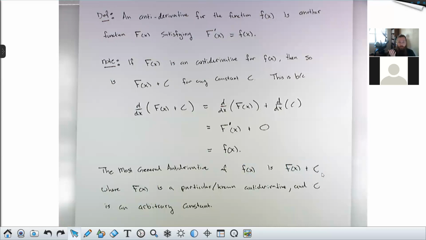It is a fact that if you have two antiderivatives of a particular function, they must differ by a constant. So once you find a single antiderivative, if you slap on a plus c, you genuinely do have all of them. It's a consequence of the mean value theorem, actually a consequence of Rolle's theorem, which we'll discuss a little bit later in the context of integrals.